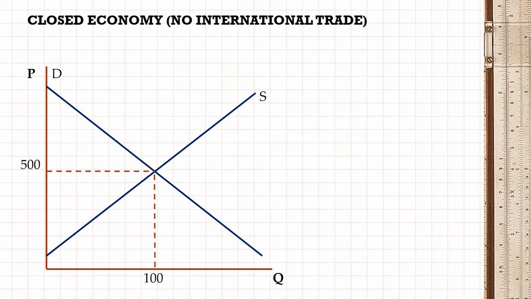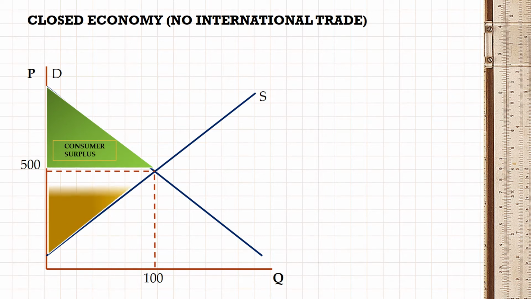So in a closed economy, as you're not allowed to import and export, we focus on the market equilibrium and consumer and producer surplus. The market clearing price is $500, whereas 100 is the quantity demanded and quantity supplied.